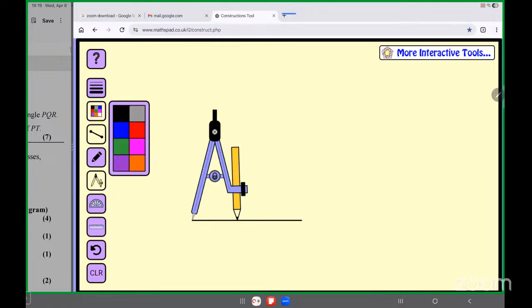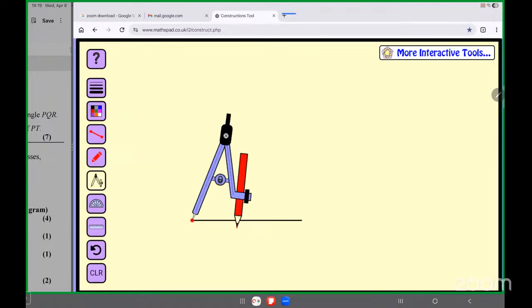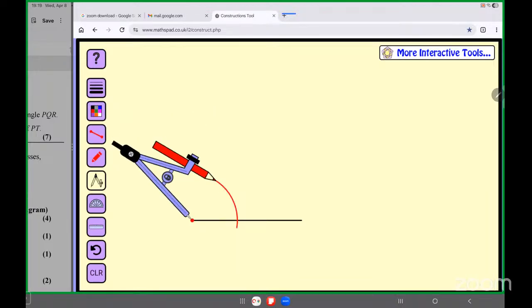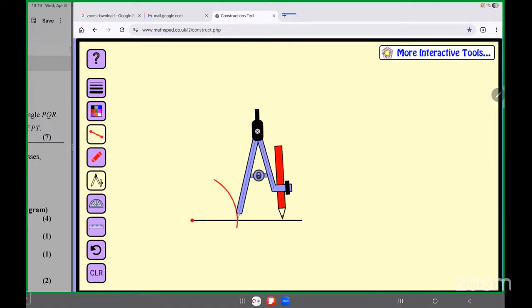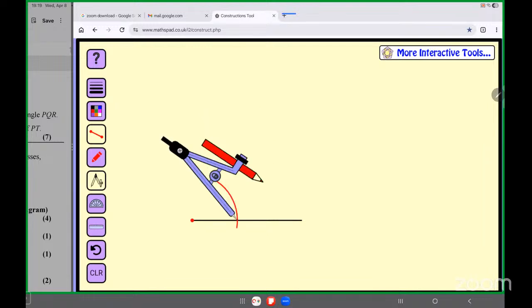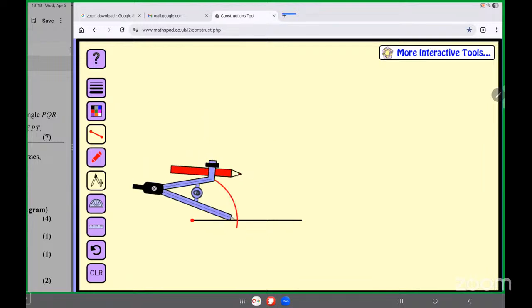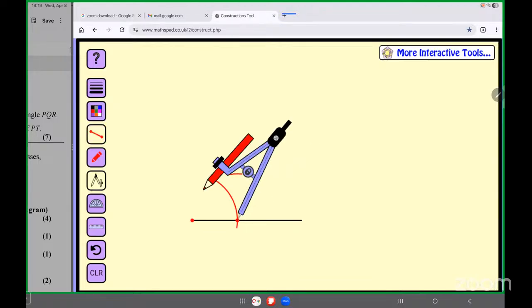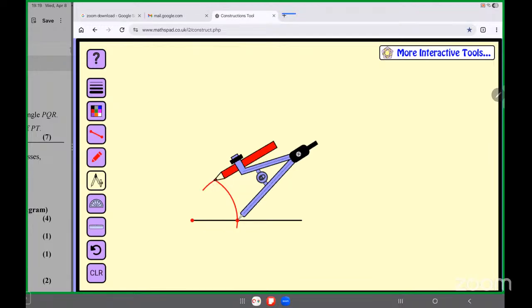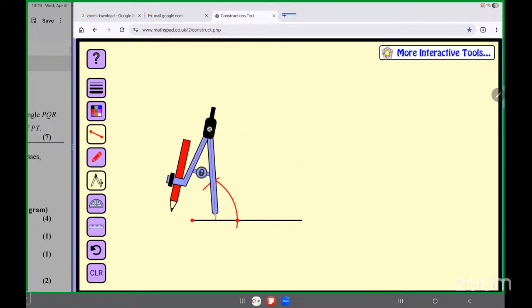Draw a 60-degree arc first. Only two arcs are needed for 60 degrees, the easiest angle to construct. Rotate around here, cross that one. It's too long. Let's go back to the original one and make it a little bit longer.